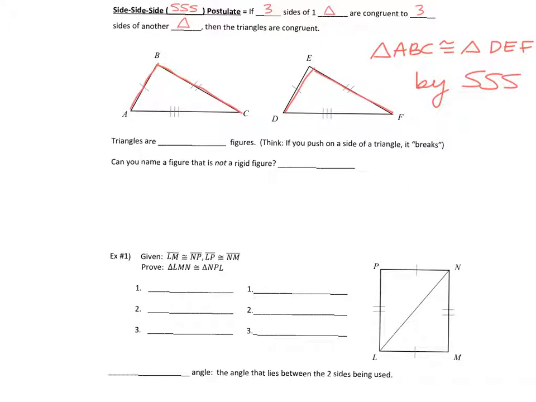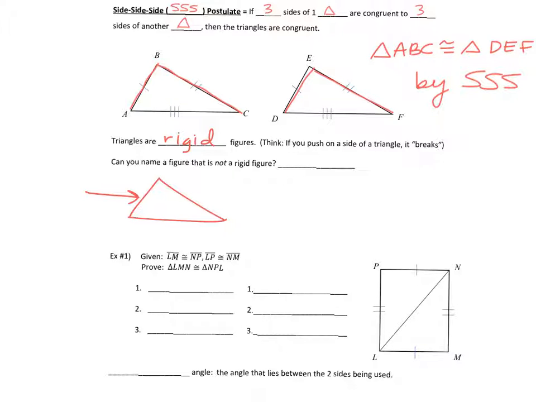The reason this works is because triangles are rigid figures. And what we mean by rigid figures is if I took a triangle, right, and I just pushed on the side of it here, your triangle cannot rearrange to a different triangle with the same side lengths, right?